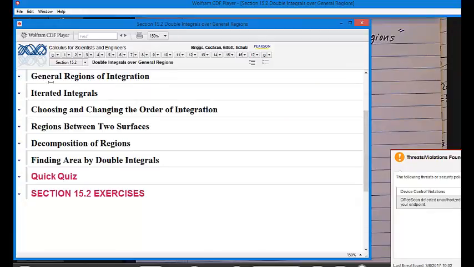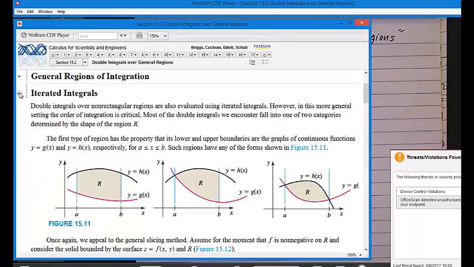So once again, how do we compute this? It's not by doing limits. It's by doing integration, okay? Antiderivatives. And in particular, it's doing what are called iterated integrals, okay? Now, what's the difference? The difference is your region R may take on all different kinds of shapes.